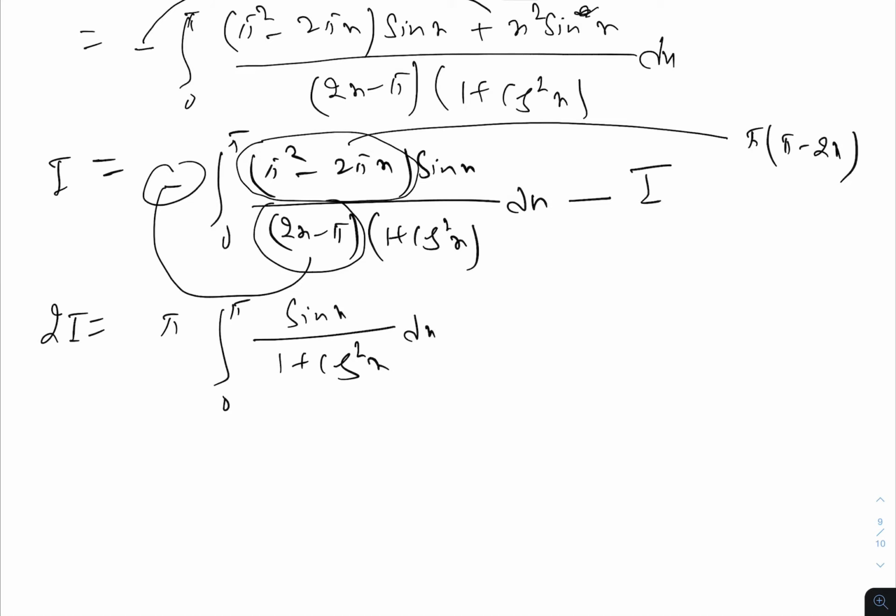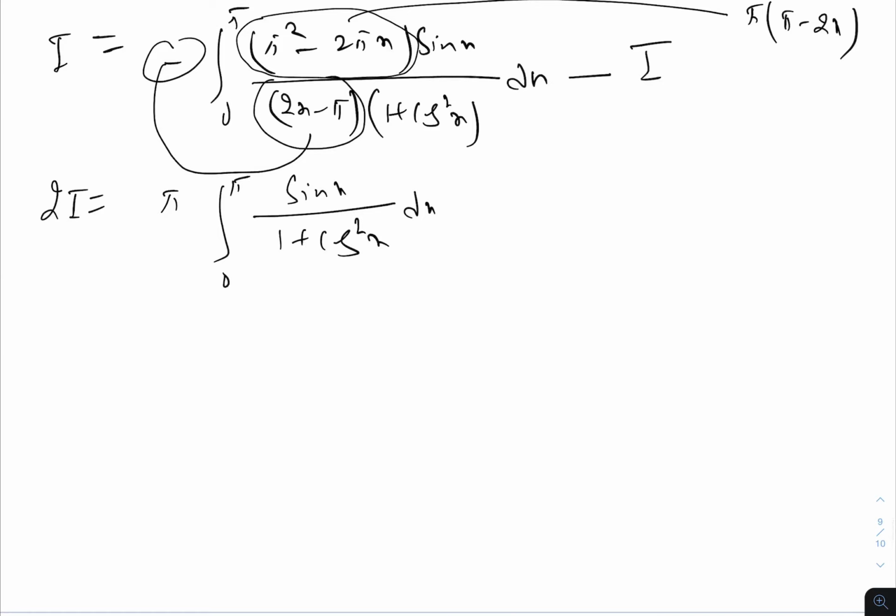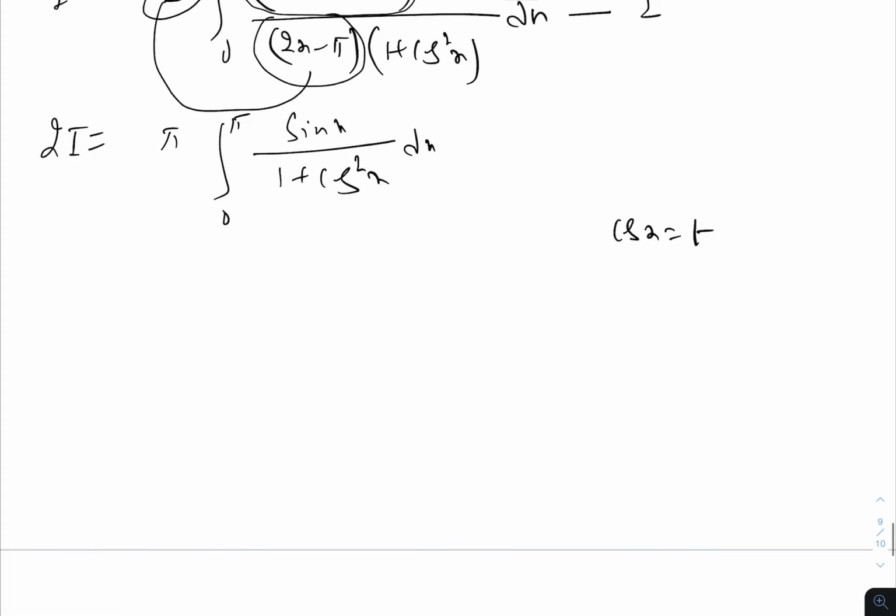Now this is simple again. If I consider cosine x is equal to say t, then that is easy. So cosine x is equal to t, then minus sine x dx is equal to dt, or you can say sine x dx is equal to minus dt.